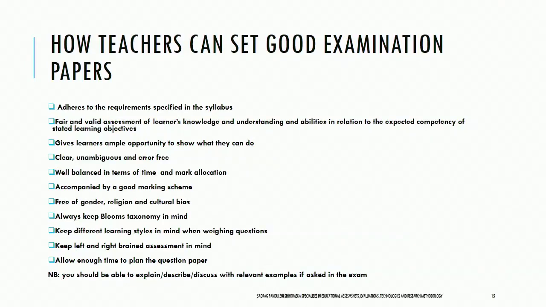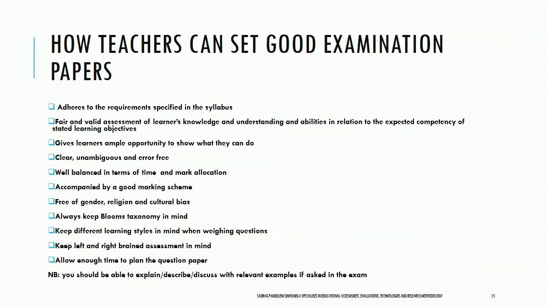Again, we said you need to be fair. We said a fair and valid assessment of learners' knowledge and understanding and ability in relation to the expected competency of stated learning objectives. That examination paper should have that fair and valid assessment.